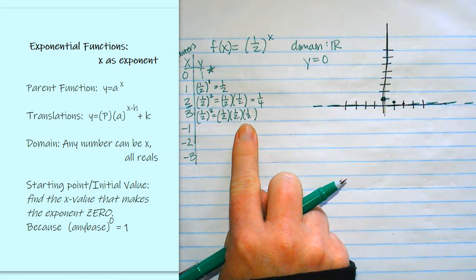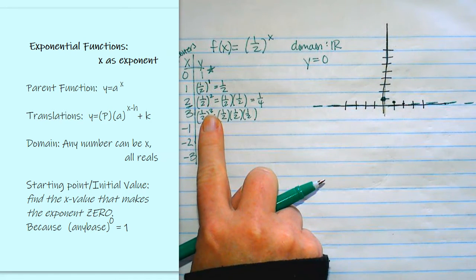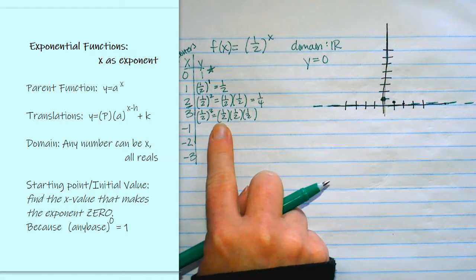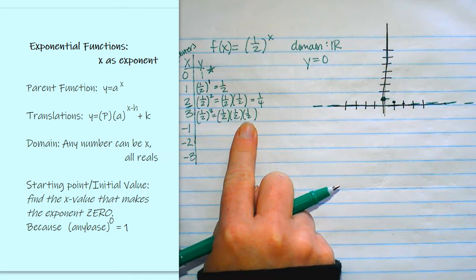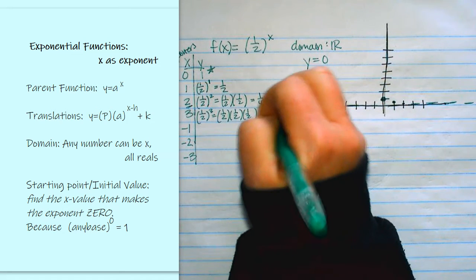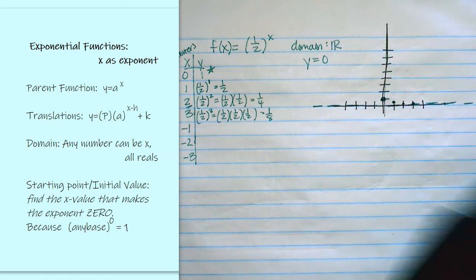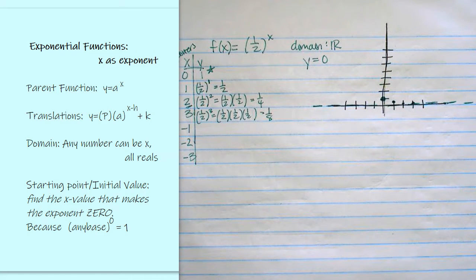Every time you add a new number, making this bigger, you're multiplying by whatever the base is. In this case, the base is a fraction. So whatever you had before is now halved. It's smaller. So this becomes 1 over 2 times 2 times 2, which is 1/8. So at 3, we're at 1/8. So small I can barely graph it there.